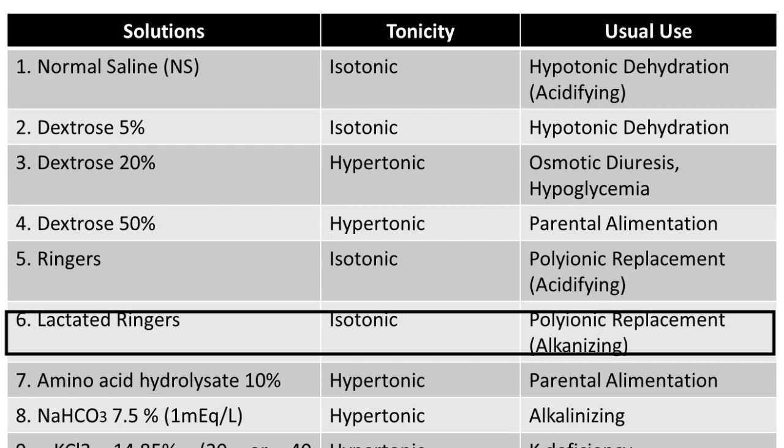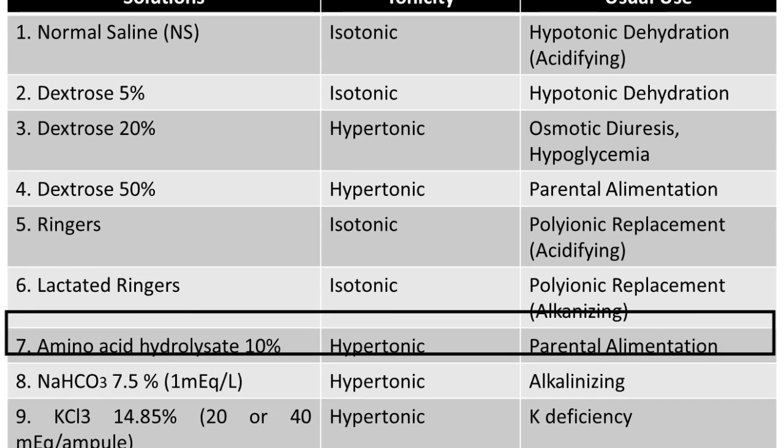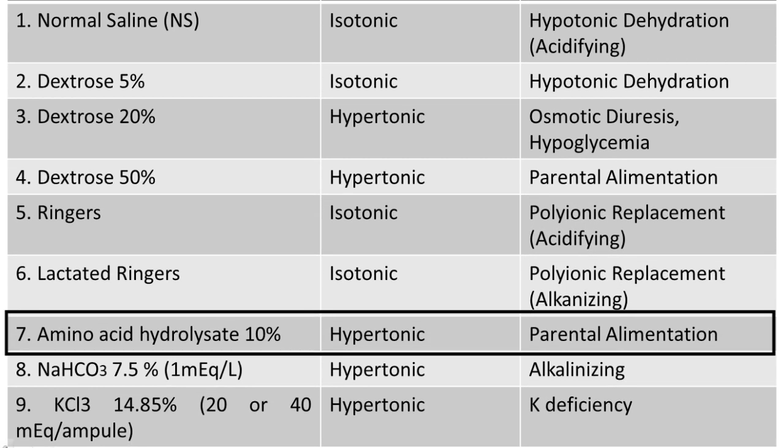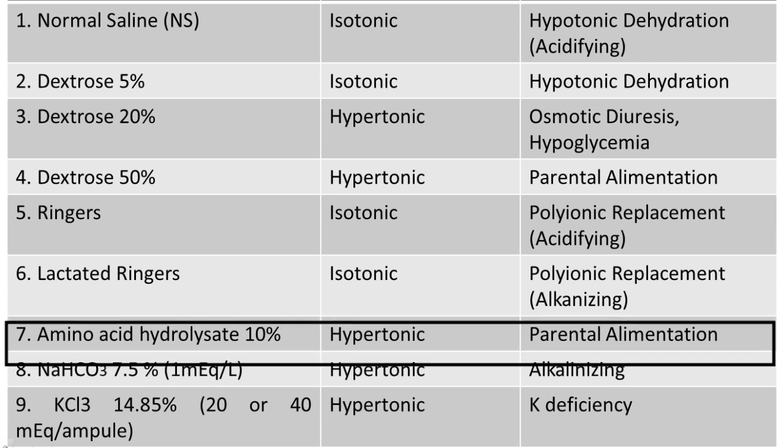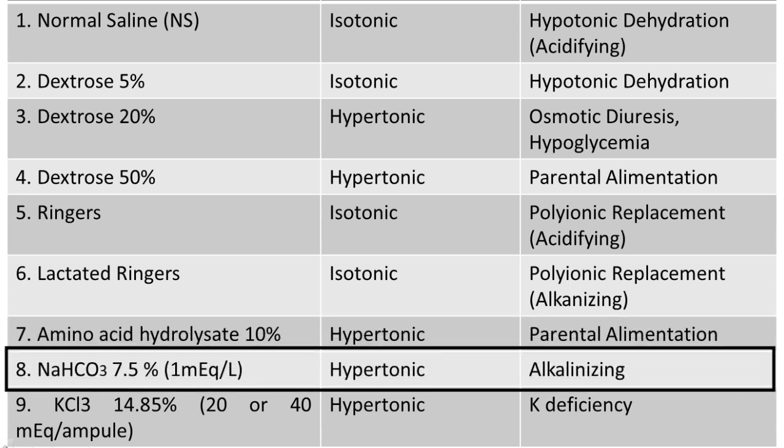Then there are amino acids. Amino acid hydrolysate solution, 10%, is available. This is hypertonic, and this is also used in parenteral alimentation. Sodium bicarbonate, 7.5%, is available. That is 1 milliequivalent per liter, a hypertonic solution.